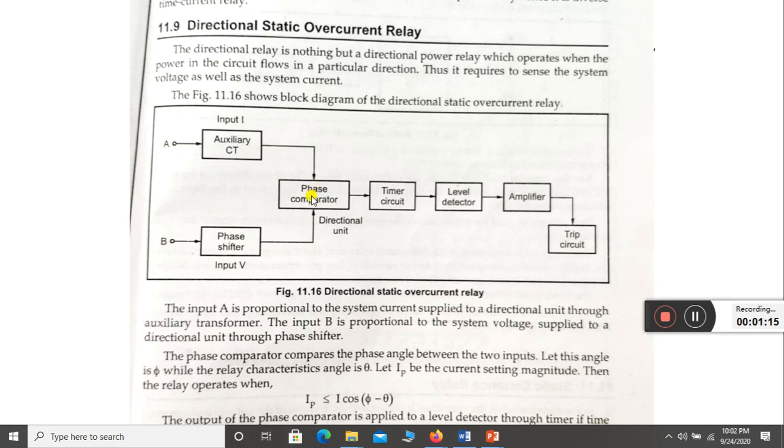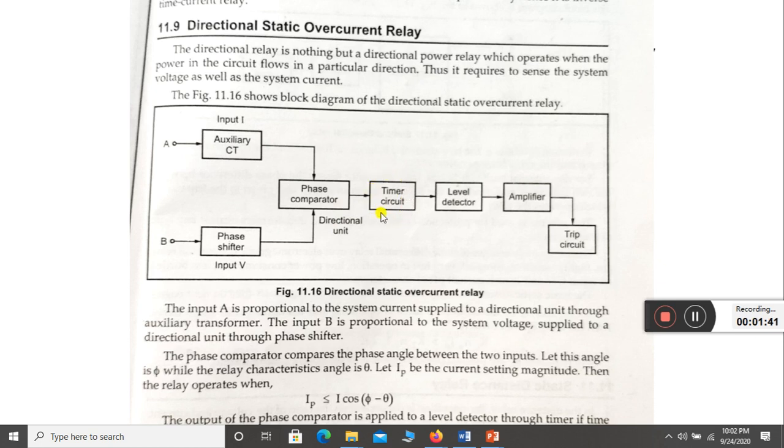The phase comparator compares the phase difference between these two inputs, and thereby determines the direction of power. Then it is given to the timer circuit. The timer circuit acts as a time delay unit.